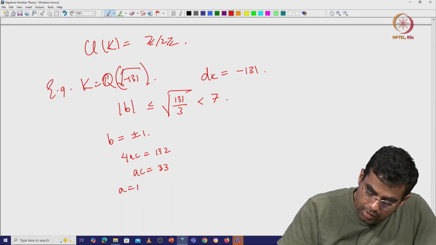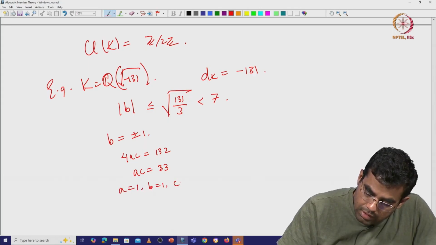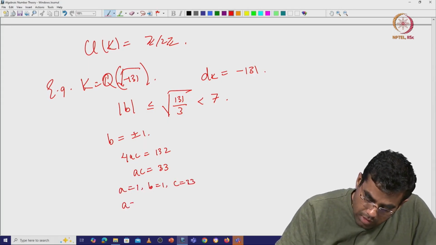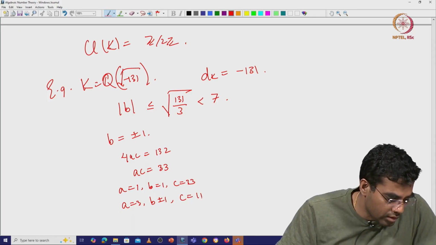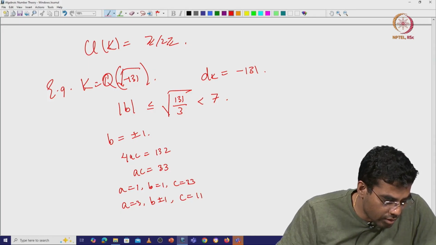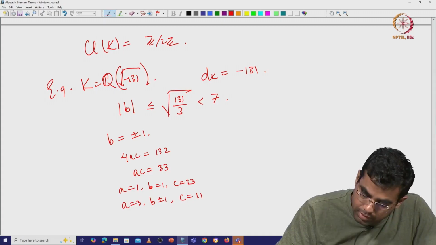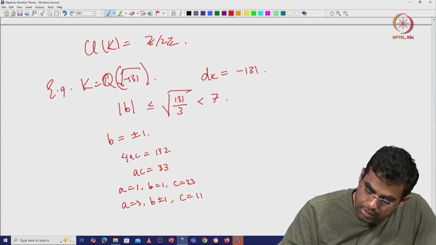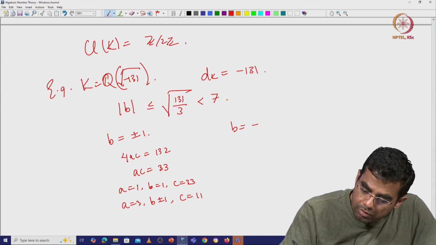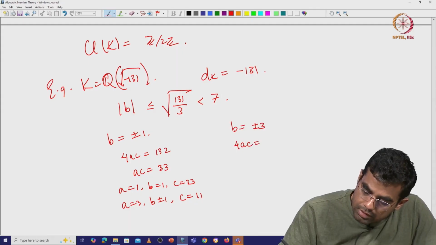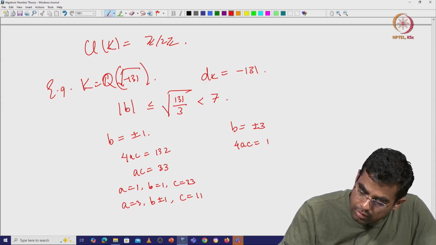So then a is 1, b is 1 and c is 33, or a is 3, b is plus or minus 1 and c is equal to 11, and I think that is about it for this particular case. But you can also have b to be plus or minus 3, in which case 4ac is equal to 140, and so ac is equal to 35.